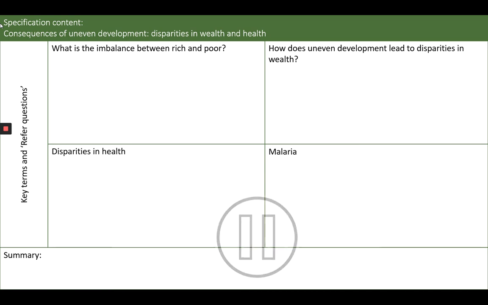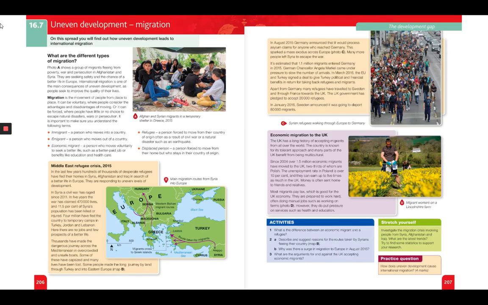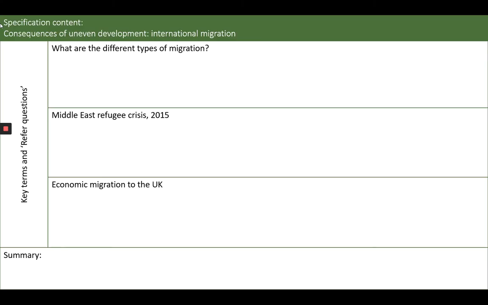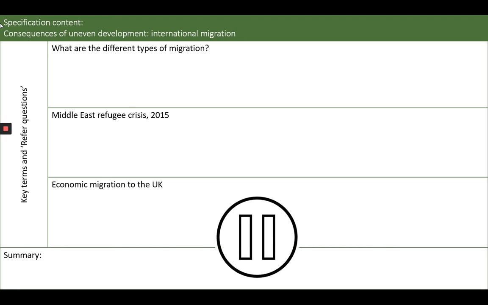Press pause to make your notes. And the final part for this review process looks at international migration as a consequence of uneven development. See pages 206 and 207. This is how I'd recommend setting out your Cornell notes. Pause the video to make your notes.